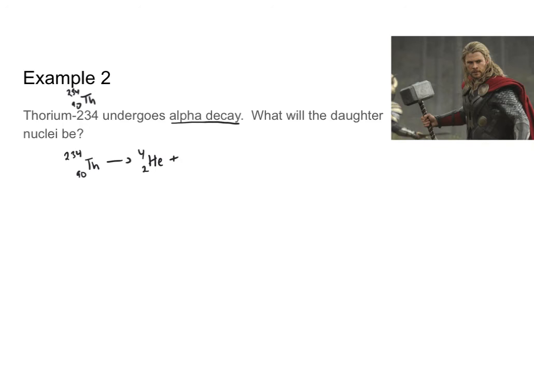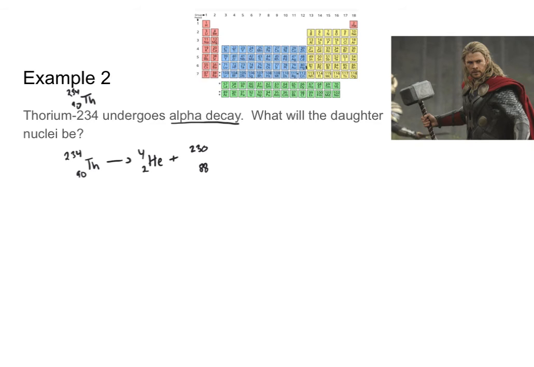So we know that the nucleon number for our mystery element must be 234 minus 4, or 230, so that we keep the number of nucleons constant on both sides of the table. And then we know that the charge on this new daughter nucleus must be 90 minus 2, or 88, because again, we need to keep our charge constant.